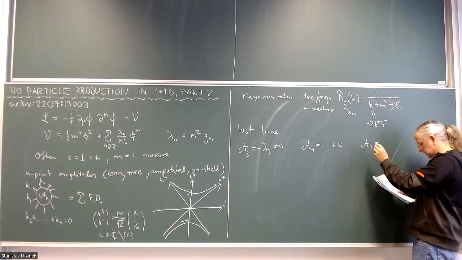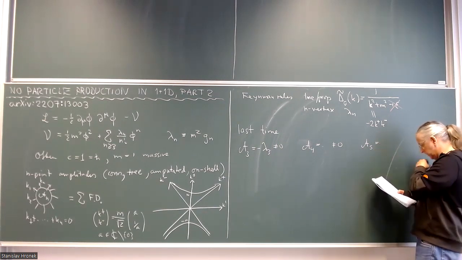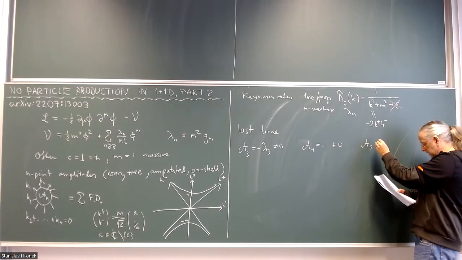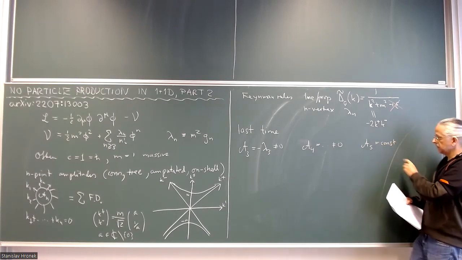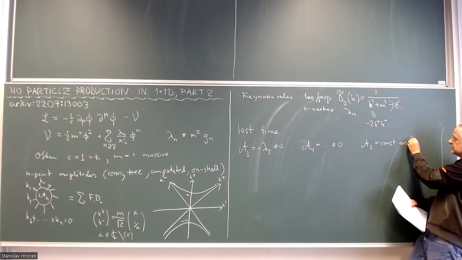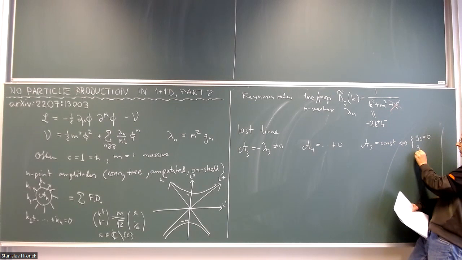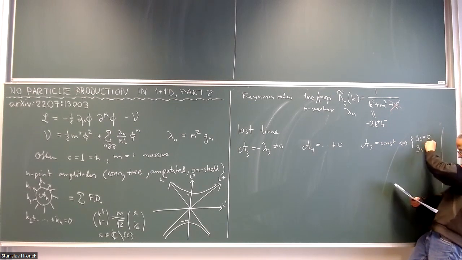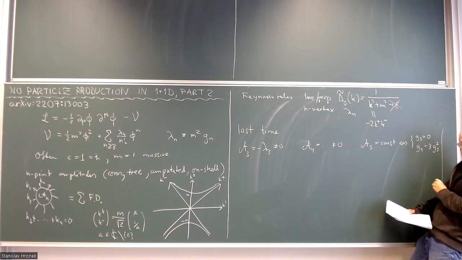We saw that for the A5 to be constant, you have to demand that there are only 2 possibilities: either g3 should be 0, or g4 should be equal to, I think it was, 3 g3 squared.